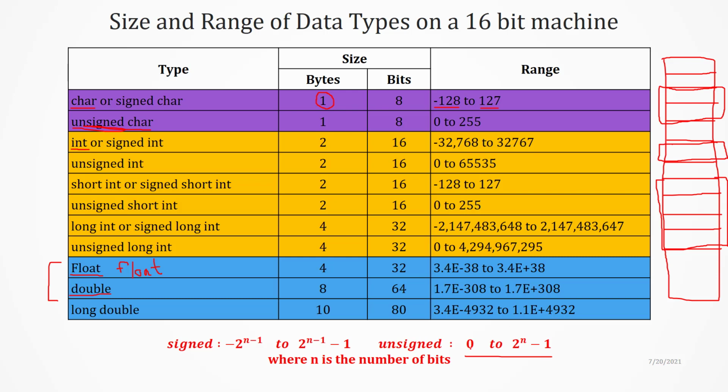The first value is always 0 and the last is 2 raised to n minus 1. For 8 bits, 2 raised to 8 is 256, and 256 minus 1 is 255. Similarly, you can try these things also.